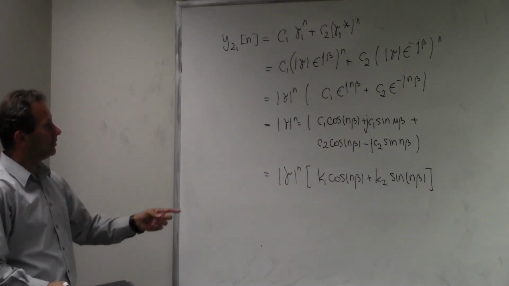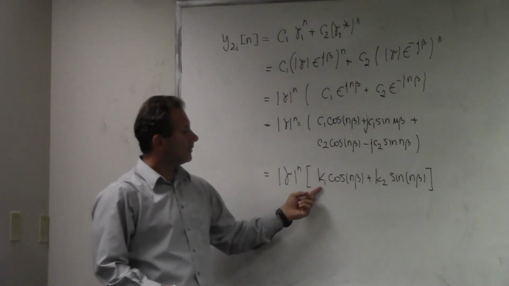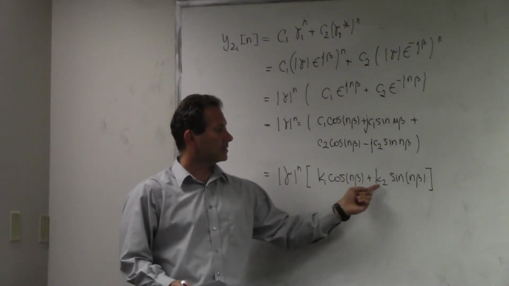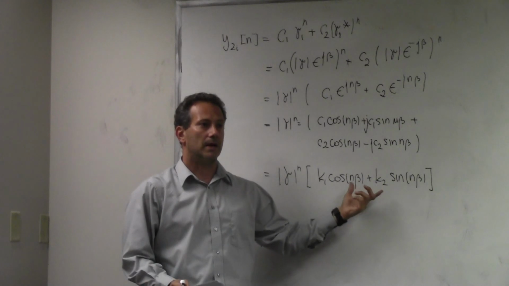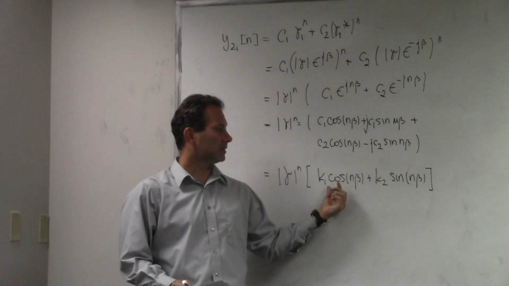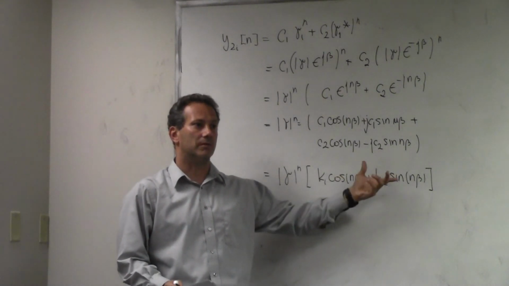And I can take it even one step further. If I have K1 cosine plus K2 sine, I can write this in terms of magnitude and phase.